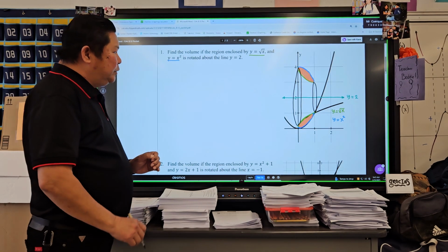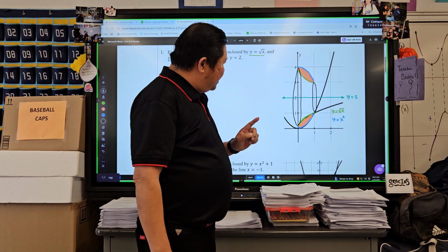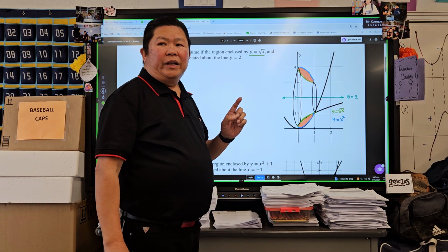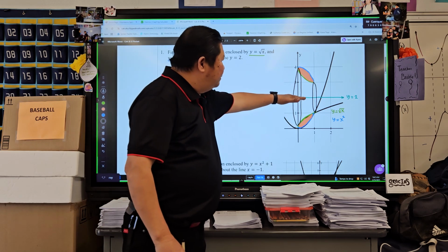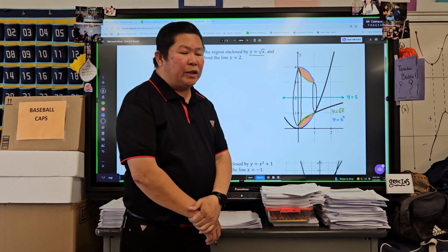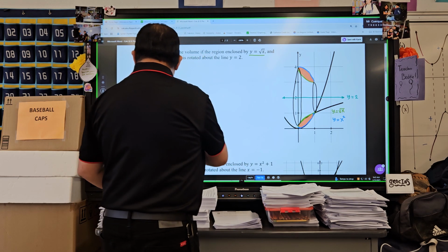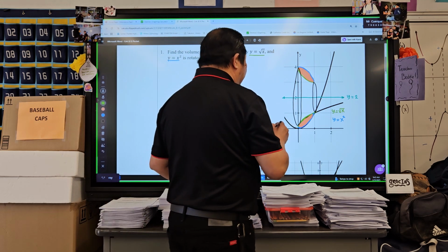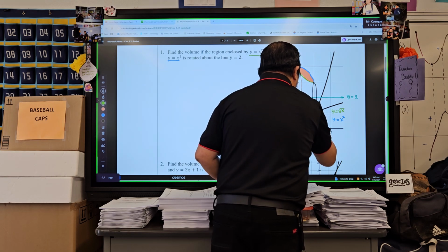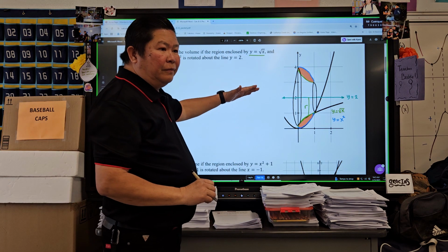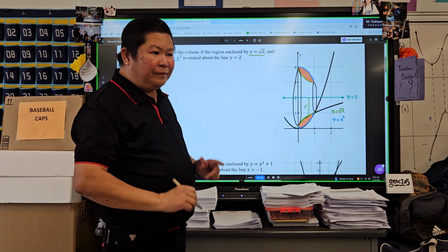If this is our basis, we can see right away that the small r is the green from the line y equals 2. Is this clear? So the green is the small letter r, measured from the axis of revolution. Do you get me, guys?